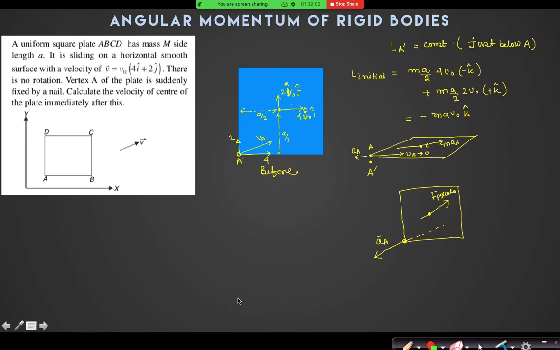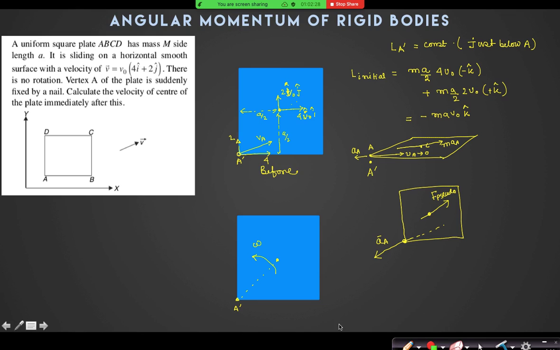After collision, if you look at the situation, point A prime is here only. Let us assume that after collision, the center of mass starts rotating about this point A with angular velocity omega.